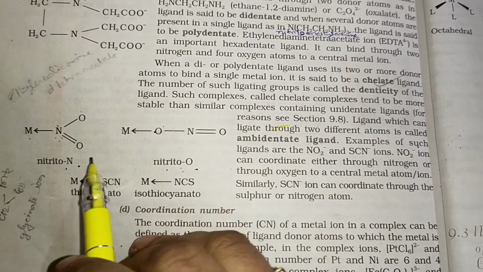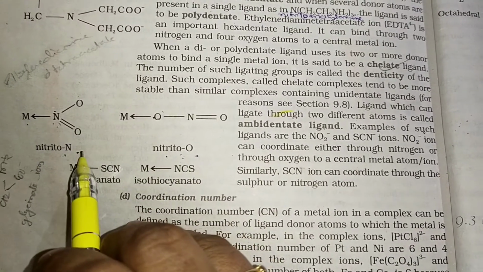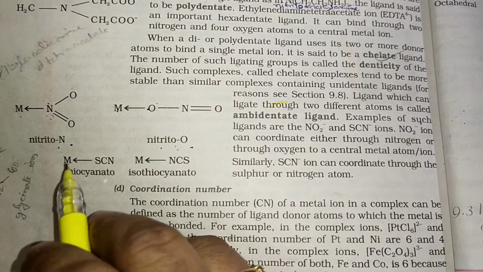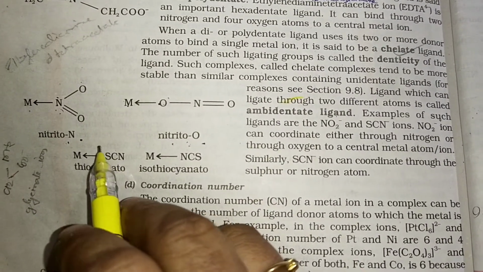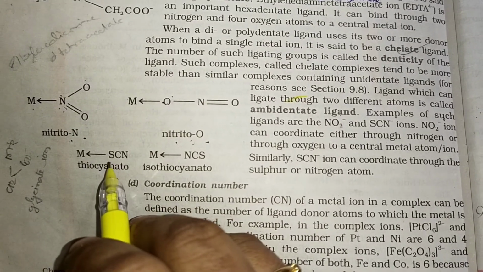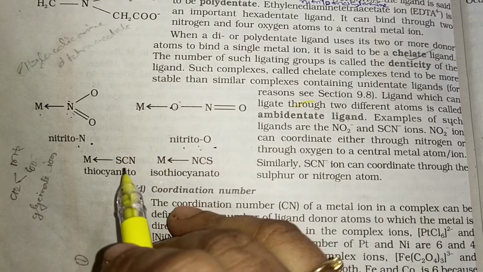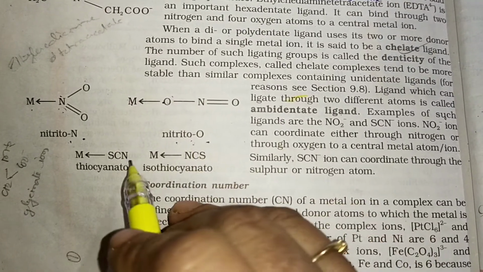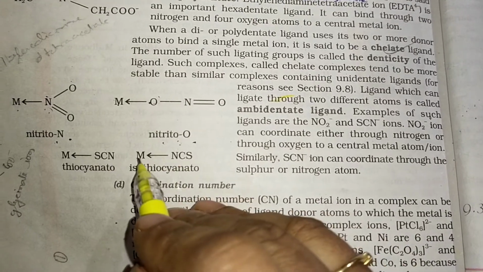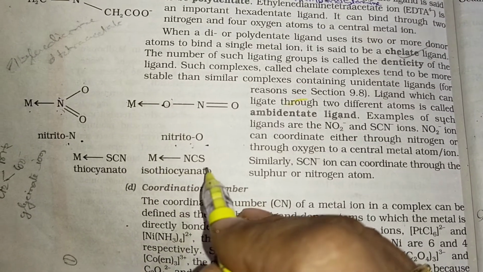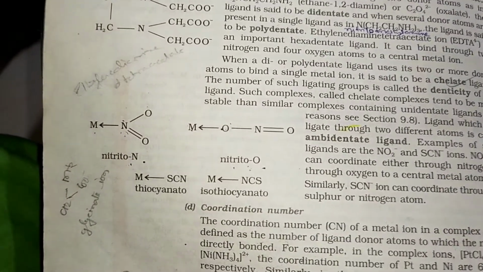Otherwise, take thiocyanate, SCN. When attached with the metal through sulfur, it is called thiocyanato. And when it is attached through nitrogen, it is the same molecule but attached through 2 different atoms. So here the attachment is with sulfur, and here the attachment is with nitrogen, so what will we call this? Isothiocyanato. We will discuss this in nomenclature.